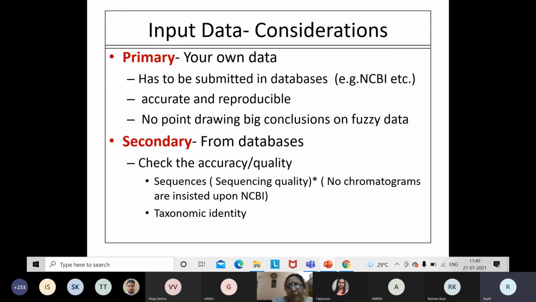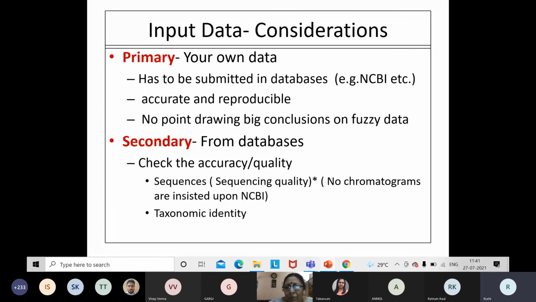Okay, so this is where I will address some of the very practical considerations of a working scientist, whether he's initiating into bioinformatics or he's already a practicing person using the bioinformatic tools.